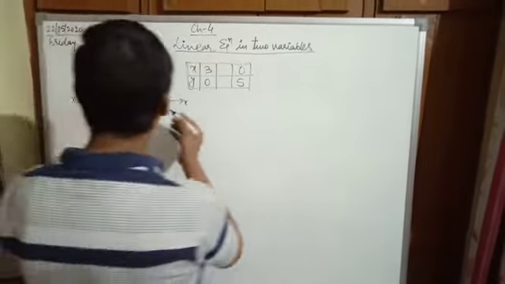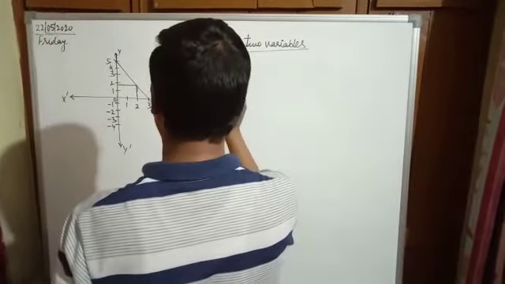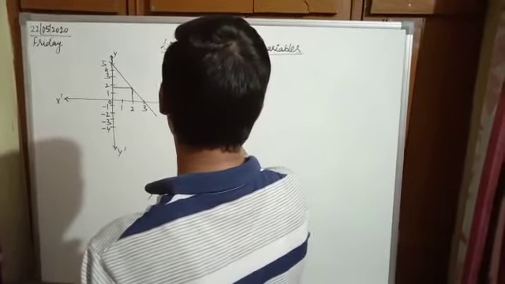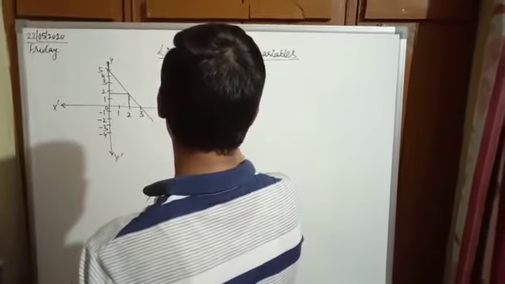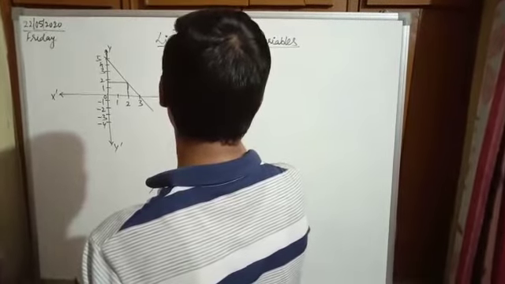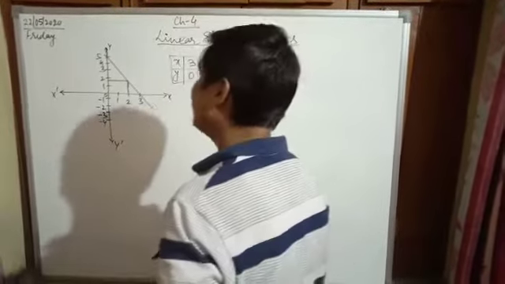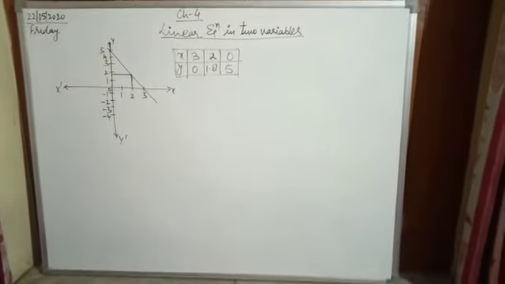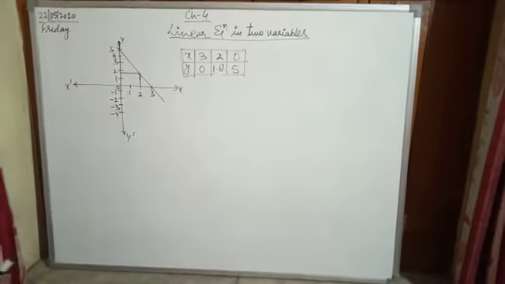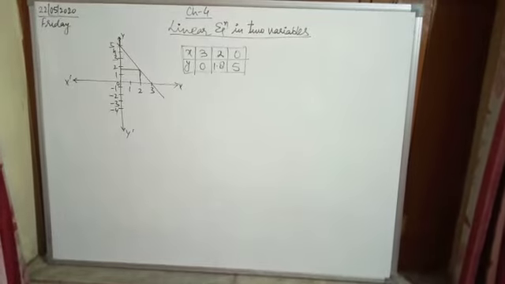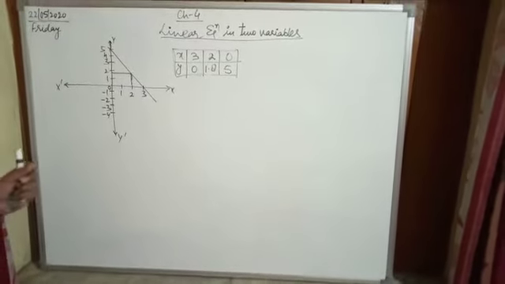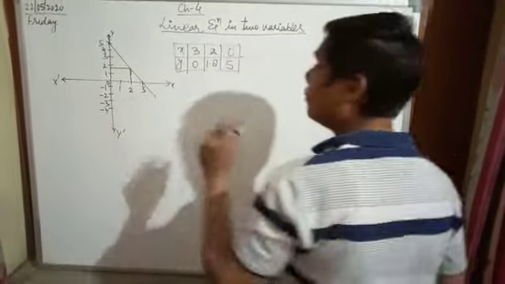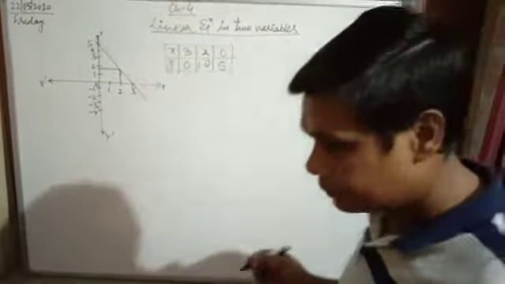So the value of x is equal to 2, the value of y will be, suppose, 1.8, like this one. So that we can read the graph. If the graph is given, then we can find the values of coordinates from the given graph.